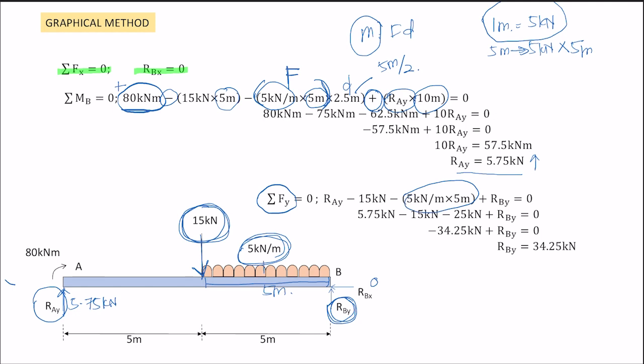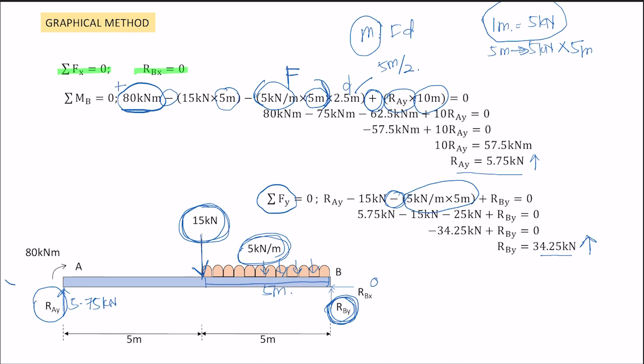And since it is a load, it goes downward, meaning negative. And lastly we have RBY. You can solve this and get 34.25 kilonewton. The value is positive, which means our assumption is true, that the reaction is going up.